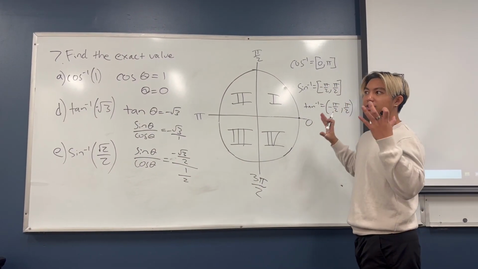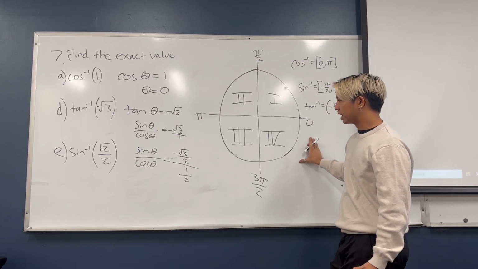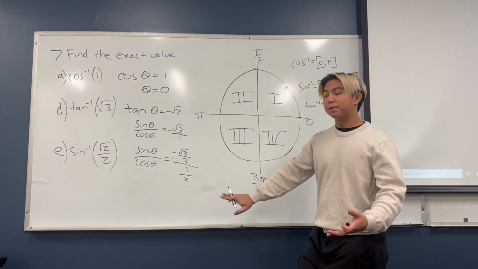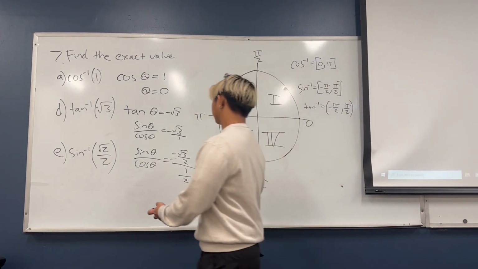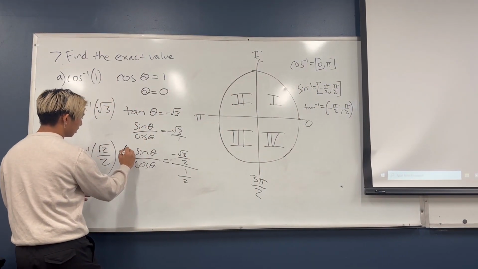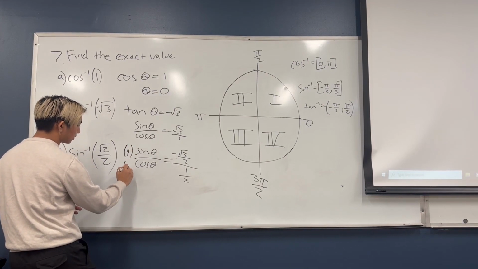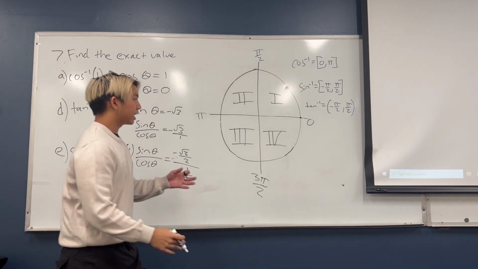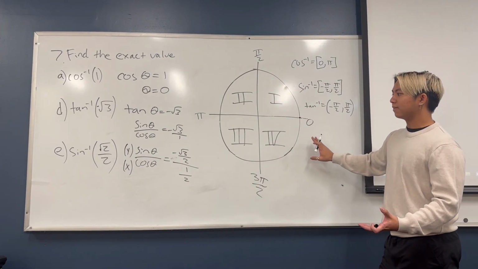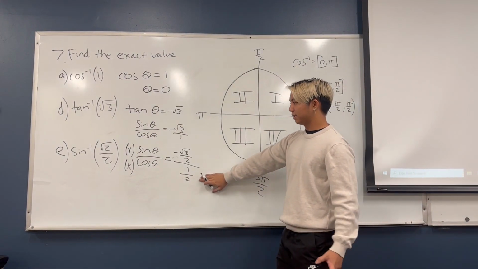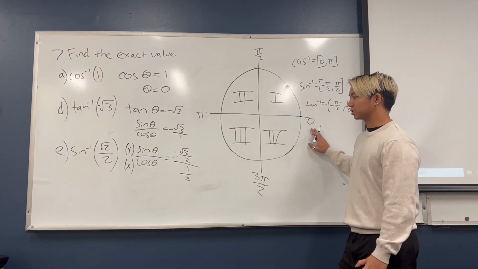Now we're asking what angle in quadrant 4 has these coordinates. Remember that our sine value is essentially our y value, and cosine is our x value. So what angle in quadrant 4 has an x value of 1/2 and a y value of negative square root 3 over 2?